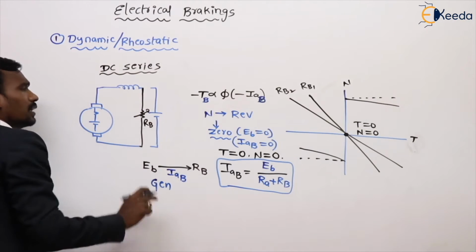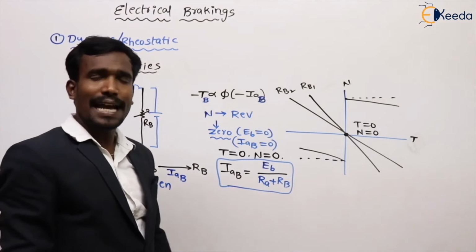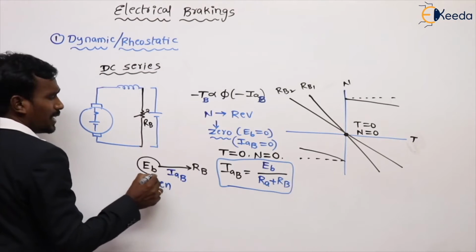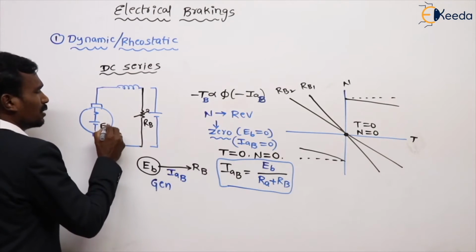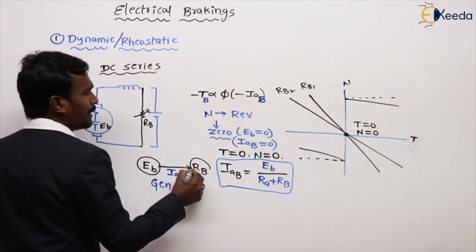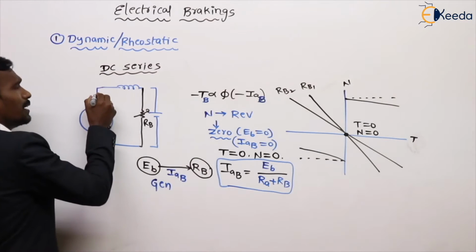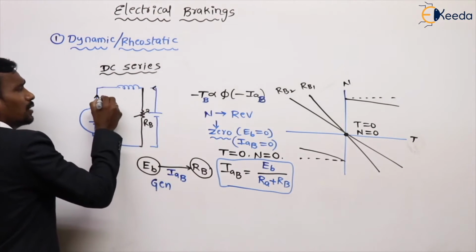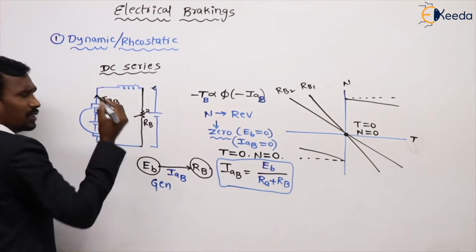This is simply the dynamic braking. But in this condition, again EB acts as a source voltage and RB acts as a load, then the armature current is reversed. Up to now in this direction, now my armature current is reversed.